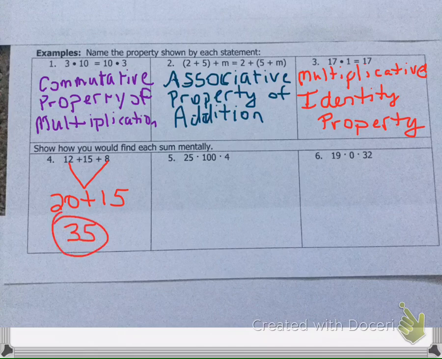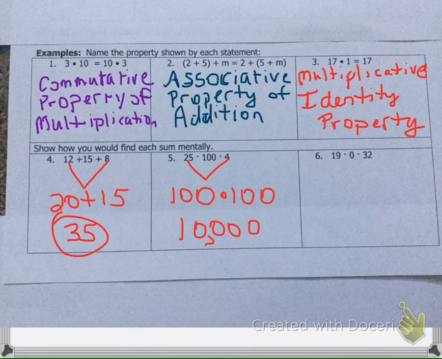So I know you're doing this mentally, but I'm showing why or how I would add them mentally to make this easier. Okay? For number 5, you might multiply, instead of 25 times 100 times 4, I mean, it's pretty simple either way, but if you multiply 25 times 4, you get 100, and then 100 times 100, all you have to do is add your 4 zeros on, 10,000.